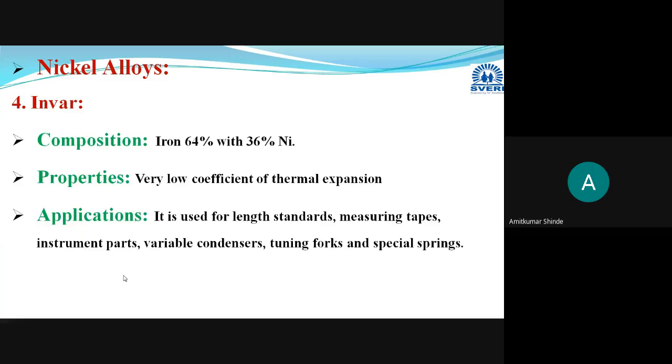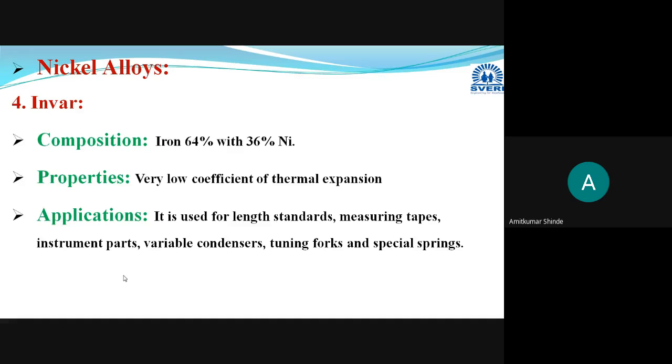Then next, this nickel alloy is Invar. Now already it will be considered as a nickel alloy, but already we have seen this in the steels. Why have we learned this?